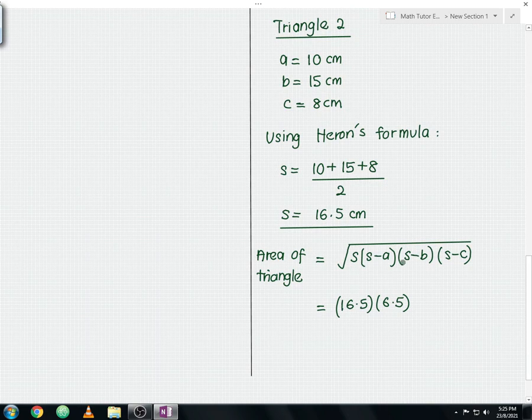And then followed by S minus B, in this case 16.5 minus 15 centimeter, which will be 1.5. And the last, S minus C, in this case is 16.5 centimeter minus 8, so you get 8.5.